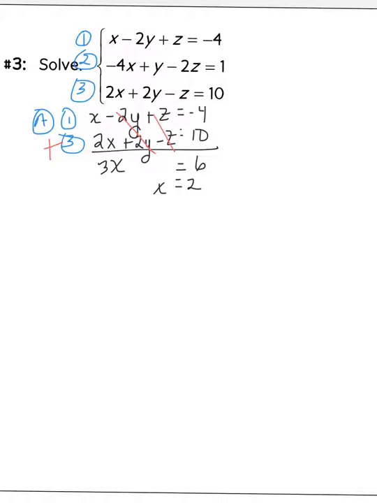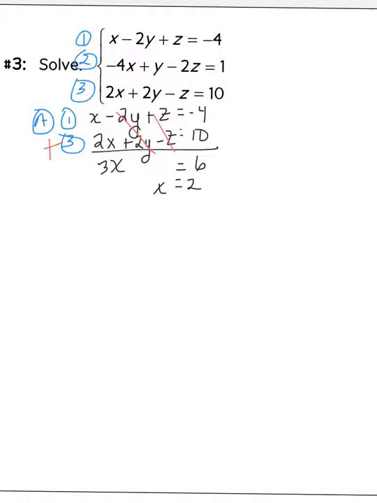So I could plug my x into both of these equations here, and well, that's not going to do me any good because these are going to cancel out. So let's plug my x into one of the different equations. We could plug it into here and see what that gives us.